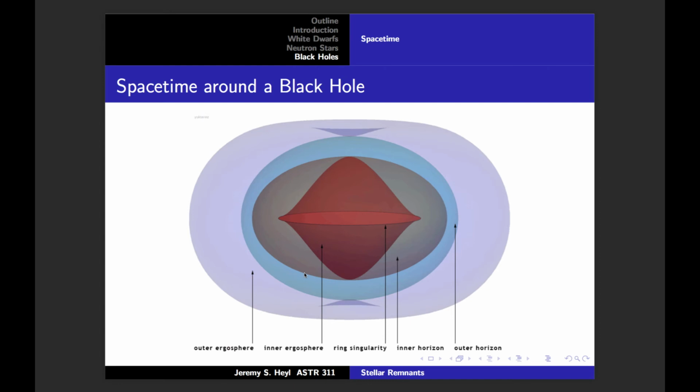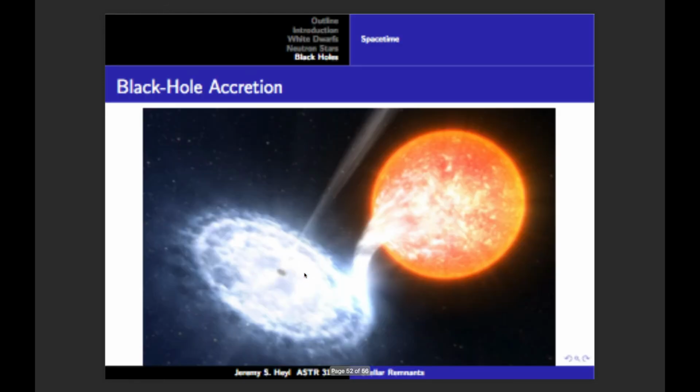But okay, so let's think about maybe more how we know there's black holes in the universe with the remaining time. So the main way that we see black holes up until September of 2015 is from them accreting from another object. So this is a picture of a black hole binary in our galaxy, or a schematic of it.